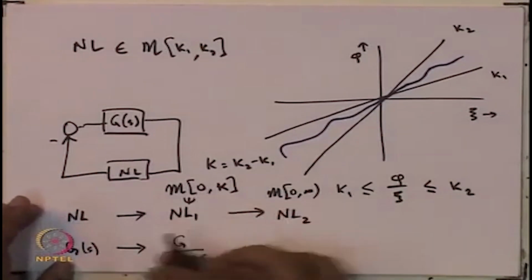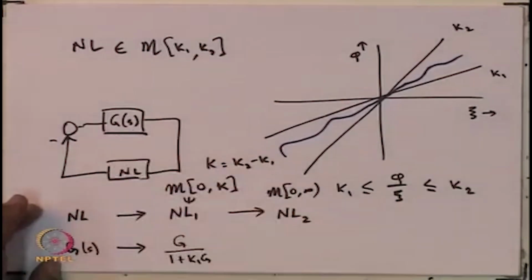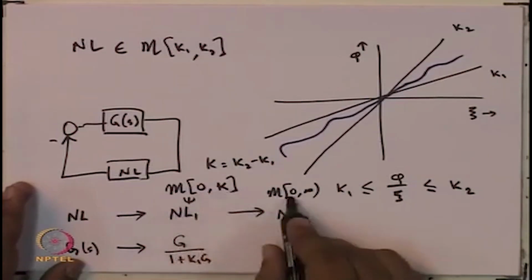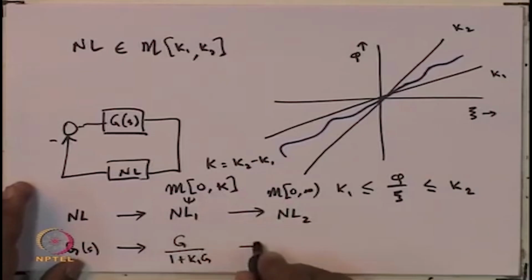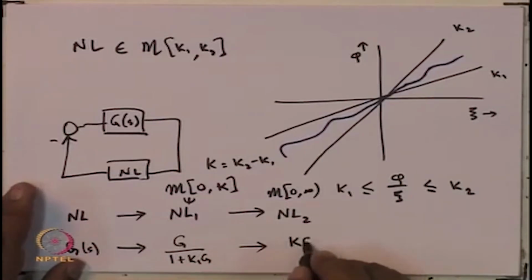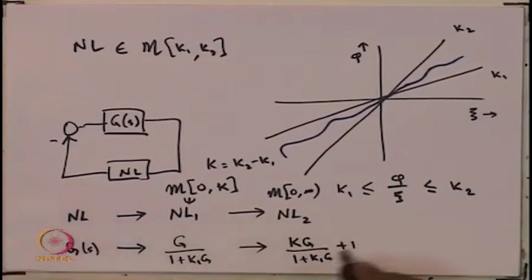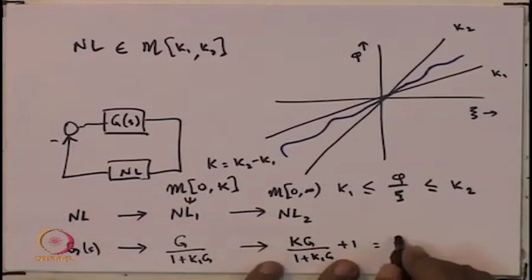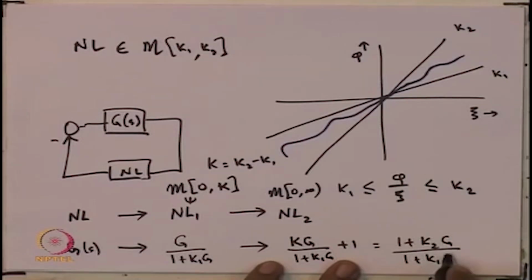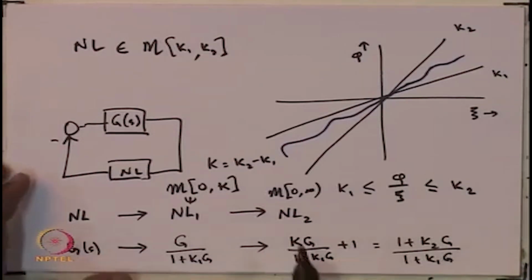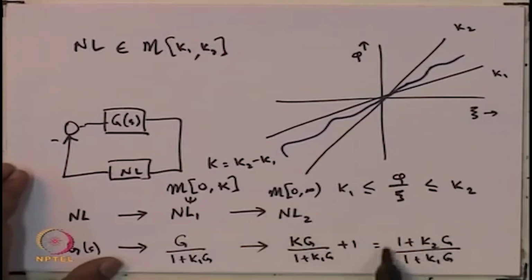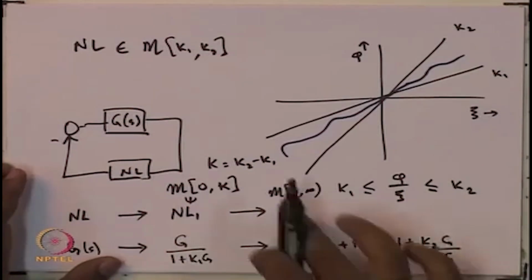So, the interconnection of these two is equivalent to the original interconnection that we were interested in, and then this conversion from the 0 K sector to the 0 infinity sector makes a conversion here, which makes this KG upon 1 plus K1G plus 1, but then we saw that this is equivalent to 1 plus K2G upon 1 plus K1G.